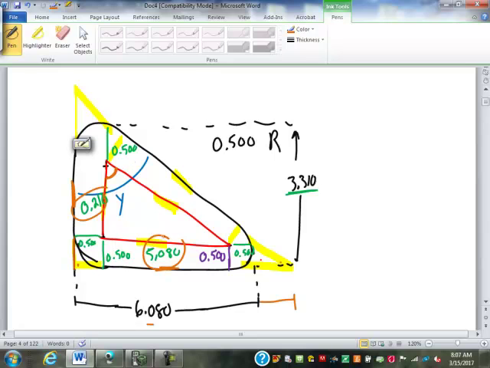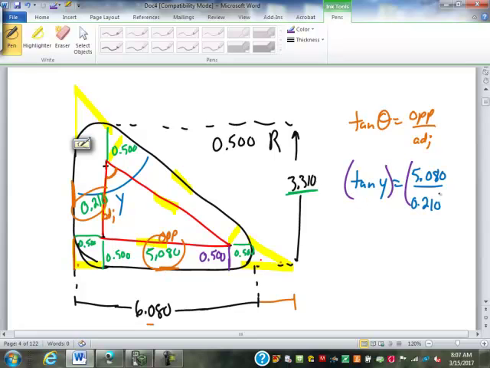So we have opposite and adjacent. So tangent of an angle is equal to opposite over adjacent. The angle is angle y. Opposite is 5.080. Adjacent is 0.210. And we're looking for the angle, so we're going to do an inverse.